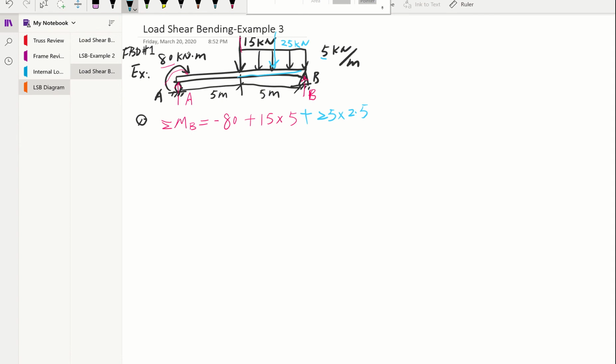The last thing in our equation is this force A. This A rotating about B, its entire length of the beam, so that's a 10, and it's clockwise, so that's going to be negative, equal to 0.